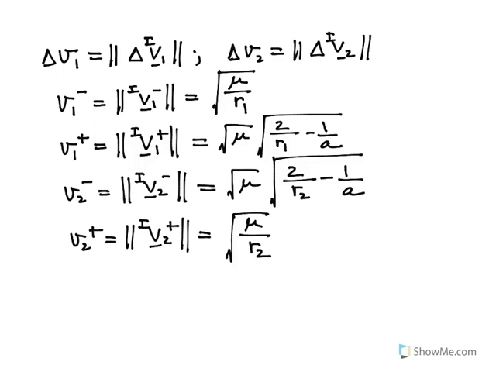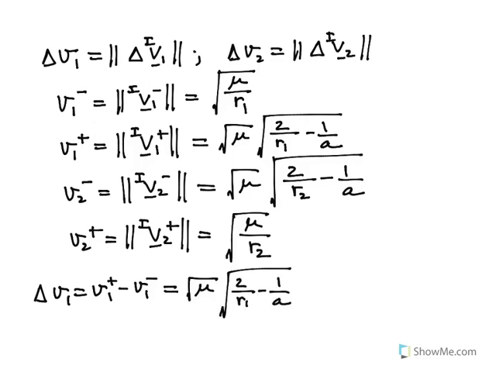So now we can use this information to be able to figure out what these delta v's are. So let's start with delta v1. So delta v1 is equal to v1 plus minus v1 minus, which is equal to the square root of mu times the square root of 2 over r1 minus 1 over a minus the square root of mu over r1. But now let's look at this transfer ellipse.